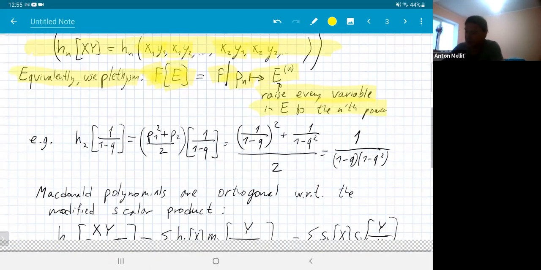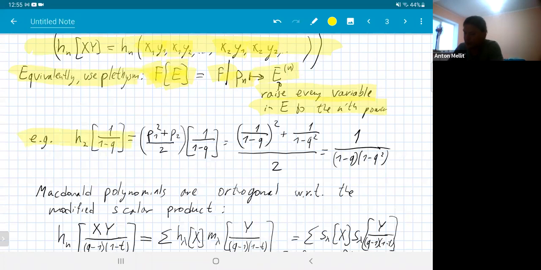The example is here. So h2, to compute h2 of whatever expression, I wrote here 1 over 1 minus q, for instance. You express h2 as p1 squared plus p2 over 2. And then you need to evaluate it at 1 over 1 minus q. p1 gets replaced by 1 over 1 minus q, and p2 gets replaced by 1 over 1 minus q squared.